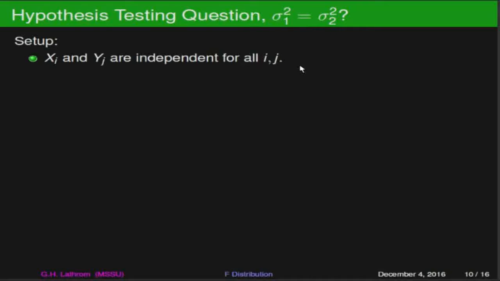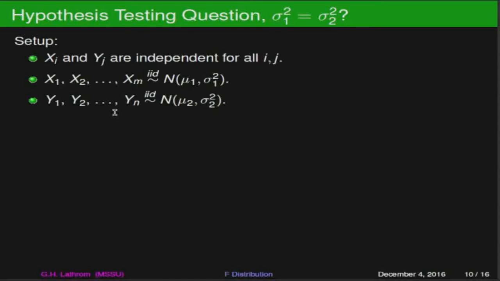Our x values, we've got m of them from an IID sample from a Gaussian distribution with mean of mu sub 1 and a variance of sigma sub 1 squared. The y variables, we've got n of those, and they are an IID sample from a Gaussian distribution with a mean of mu sub 2 and a variance of sigma sub 2 squared.